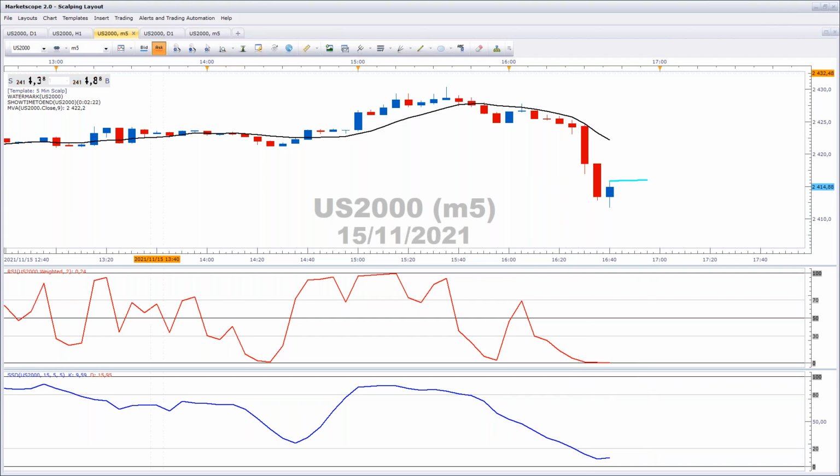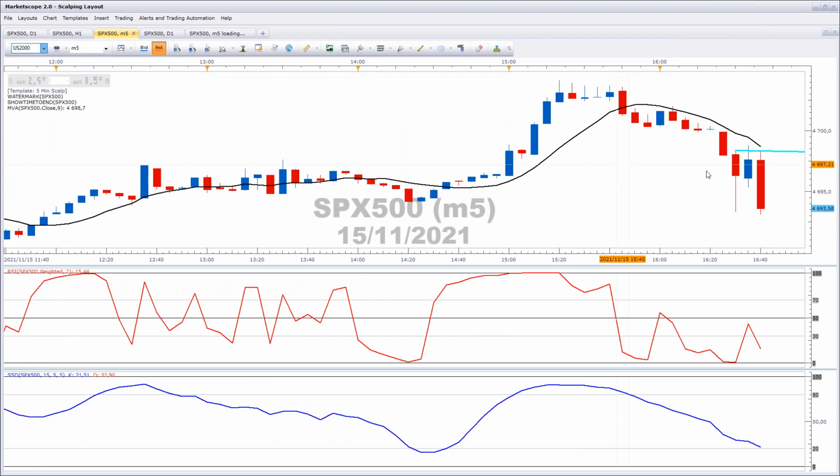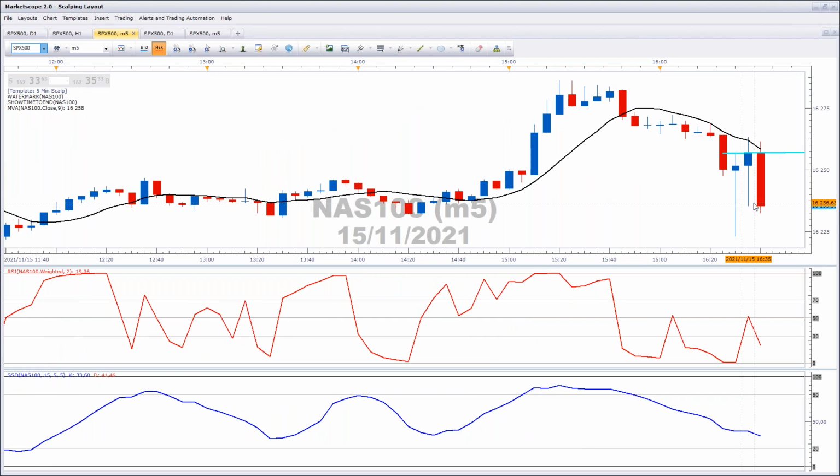So let's go through to the S&P 500. So we were lucky there. We didn't get those 3 conditions, so that sort of kept us out of a bit of pain here. Let's move this up here.